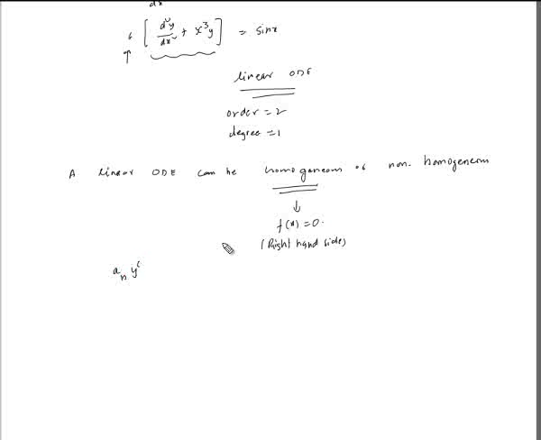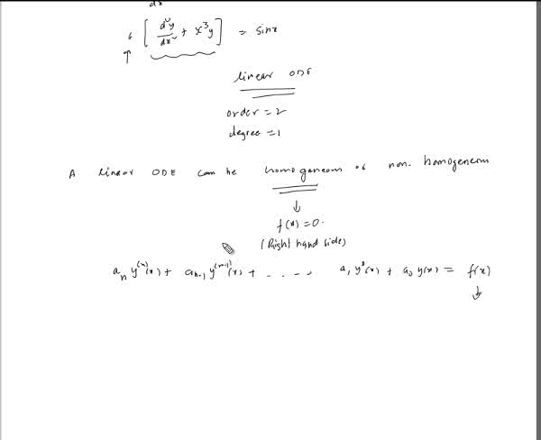a_n y^(n), the nth derivative, plus a_(n-1) times the (n-1)th derivative, and so on, plus a1 y', the first derivative, plus a0 y of x is equal to this f of x.